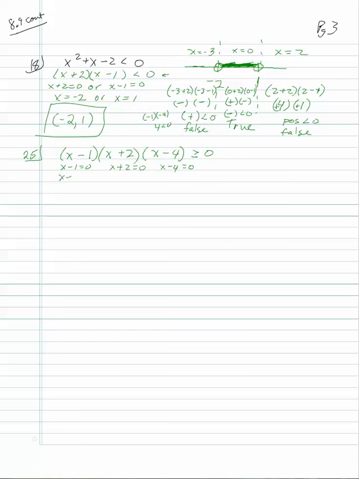So we're going to get x equals 1, x equals -2, x equals 4. So when I do my number line, I'm going to get 4 intervals. So again, we don't really have to worry about scaling, but you do have to put the right relative position. So we got -2, 1, meaning the smallest number all the way to the left. Now these are going to be solid dots because of the equal to.